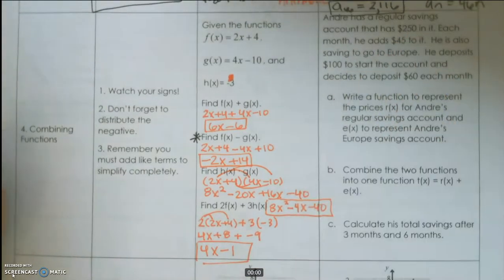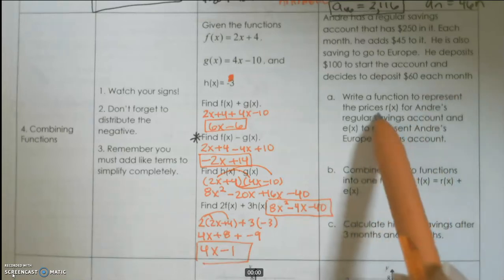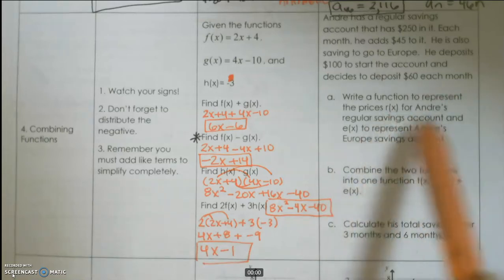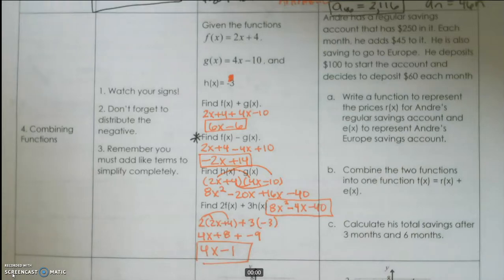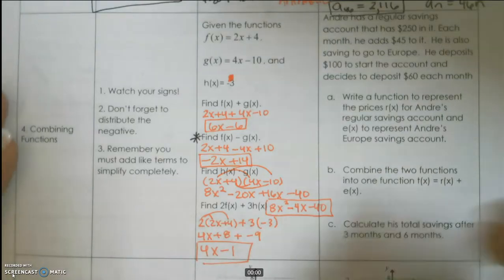Okay, Andre has a regular savings account that has $250 in it. Each month he adds $45 to it. He is also saving to go to Europe. He deposits $100 to start the account and decides to deposit $60 each month. Write a function to represent the prices R of X for Andre's regular savings account and E of X to represent Andre's European savings account.